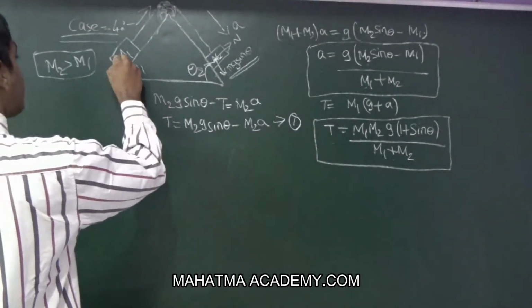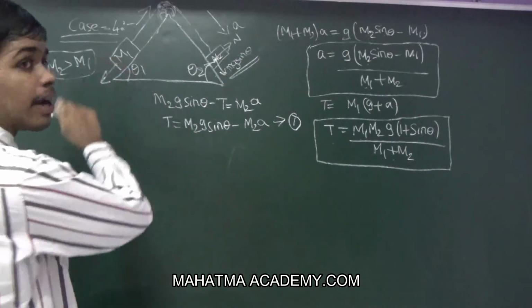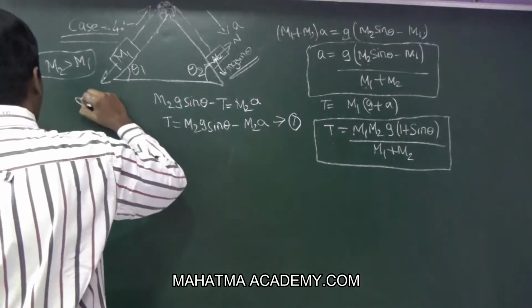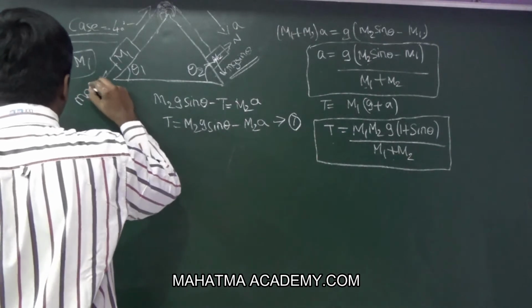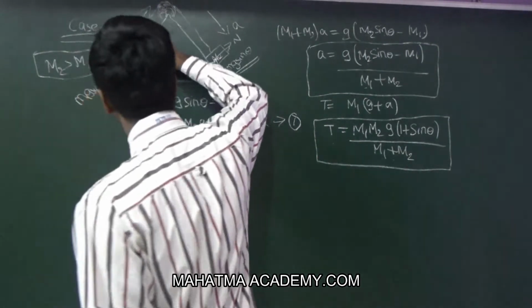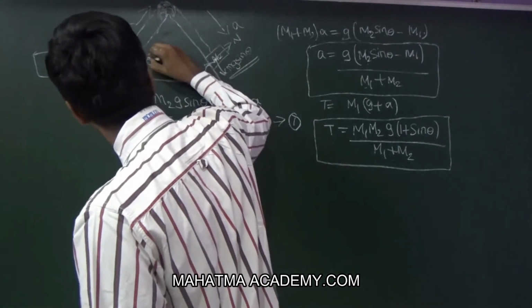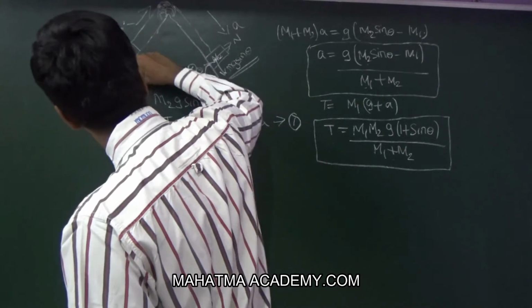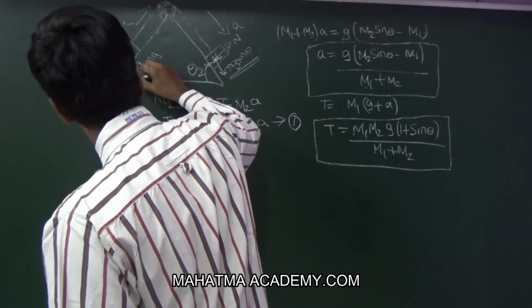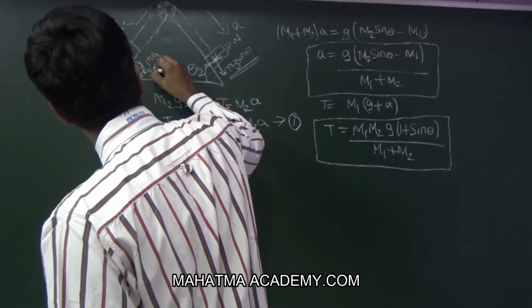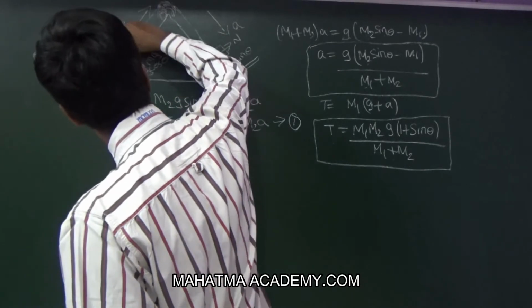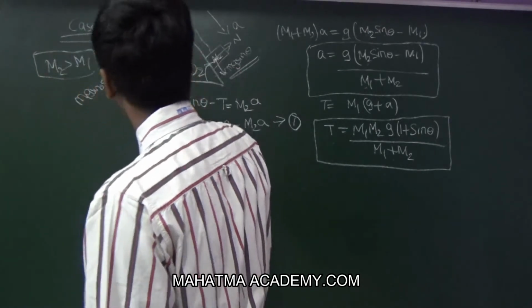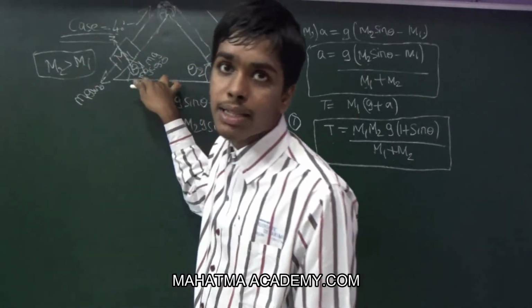Now here also it will become M1g sin theta. And here mg will act like this, and mg cos theta, and here the normal reaction. So N is equal to mg cos theta, it will balance.